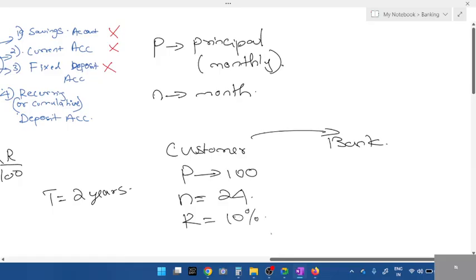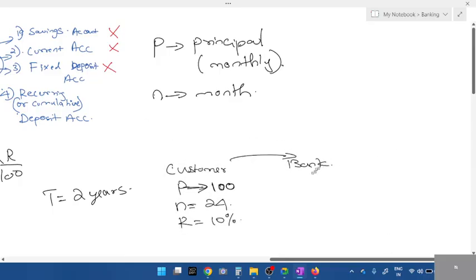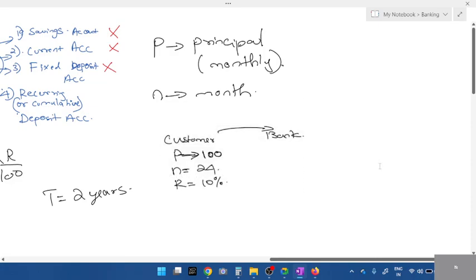Let me say 10%. So every month, how much do you have to deposit, students? Every month you have to deposit 100, for 24 months, and the rate of interest is 10%. After 24 months, what would happen? The maturity time period is 2 years.